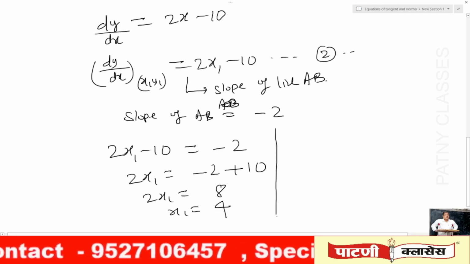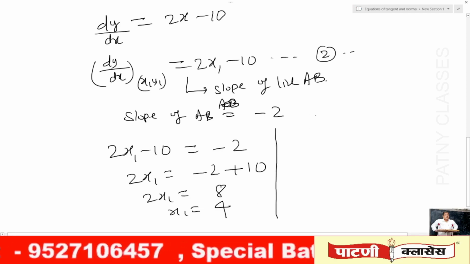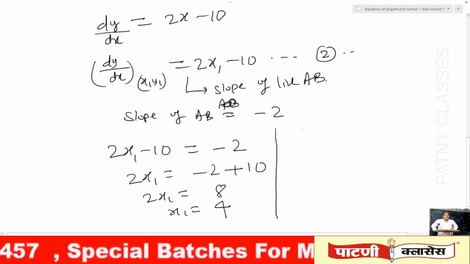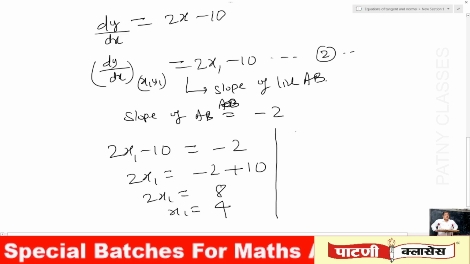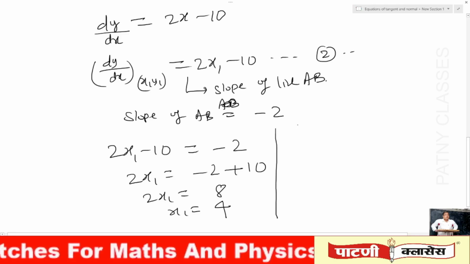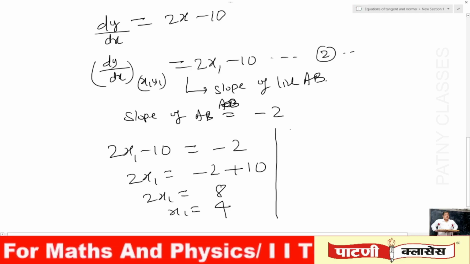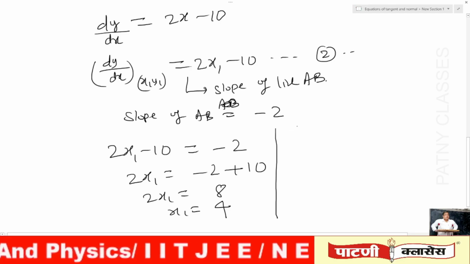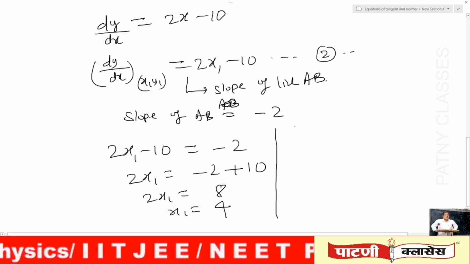Now we want the y1 value, because the point of contact is where the tangent and curve have a common point. The point of contact satisfies the equation of tangent as well as the equation of curve.